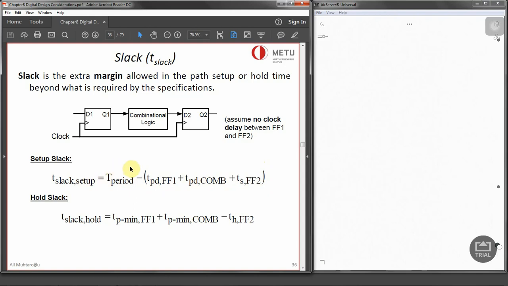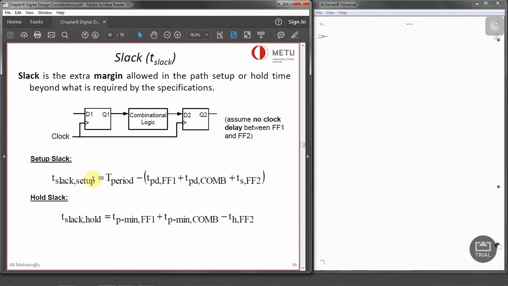But if there is a negative slack, that means the circuit is not going to work because our clock is too fast. So we have to slow it down. We have to add something to the path, or we have to slow down the clock.